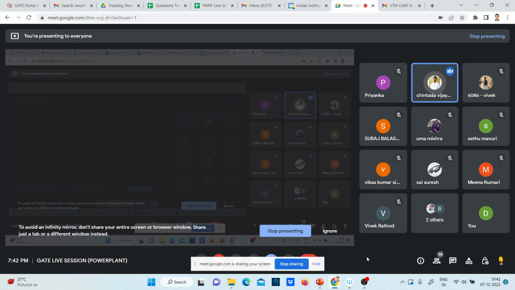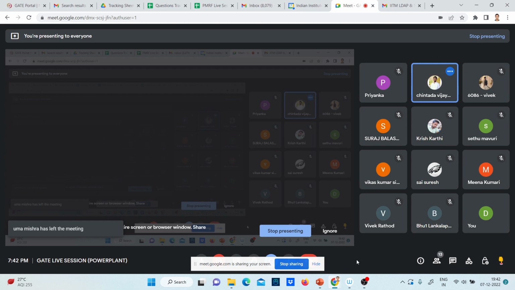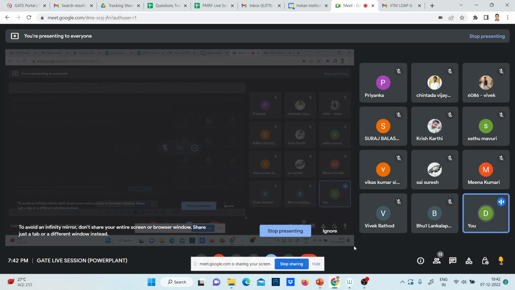Sir, why is that cycle not practically used? The Atkinson cycle is not used practically most of the time. Better you skip this part because the exam is near, so focus on the topics which we are teaching in the class. I can tell you, but it will be of no use for you right now because you already have so much syllabus to study.